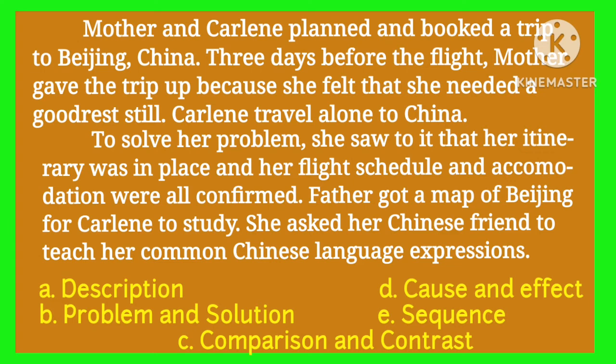Father got a map of Beijing for Carlene to study. She asked her Chinese friend to teach her common Chinese language expressions. Kids, what type of factual text is this? Letter B. Problem and solution.